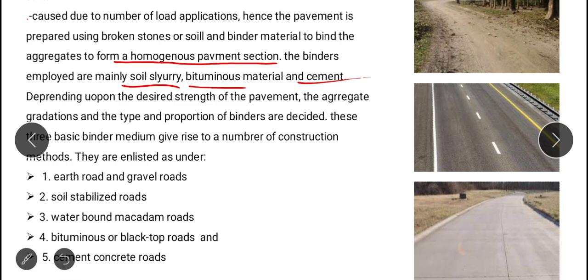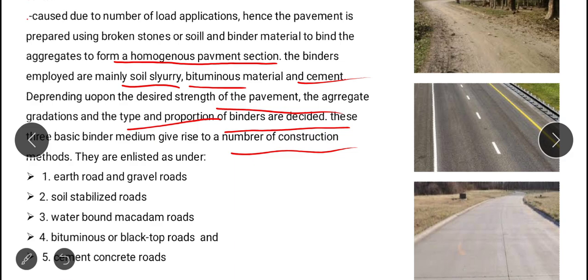Depending upon the desired strength of the pavement, the aggregate gradations and the type and proportion of binders are decided. These basic binder media give rise to a number of construction methods.